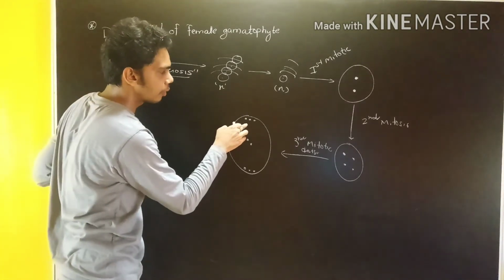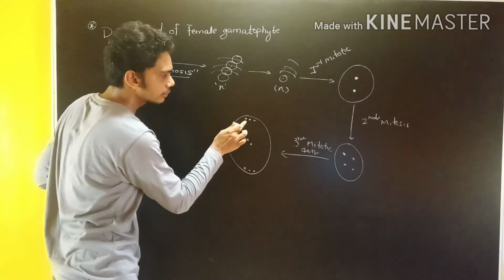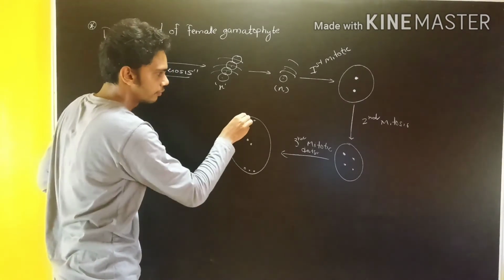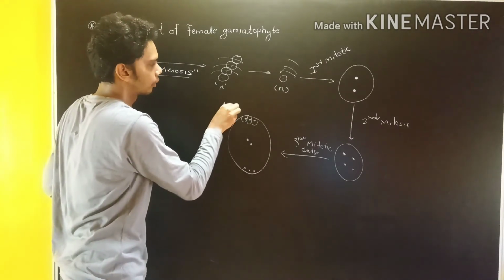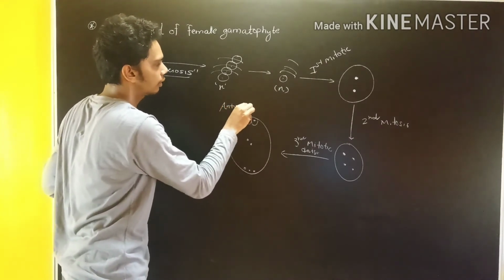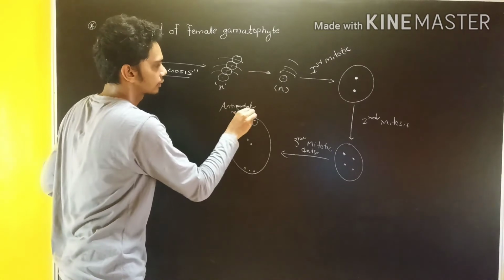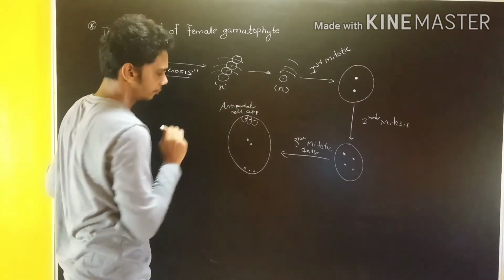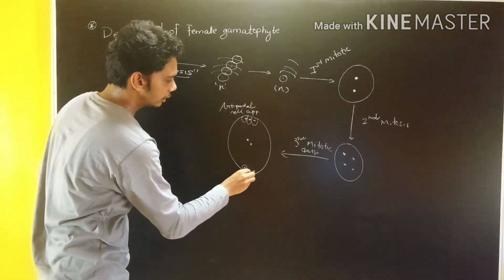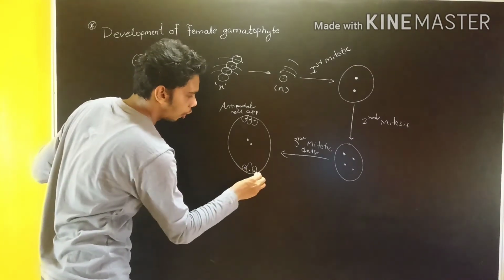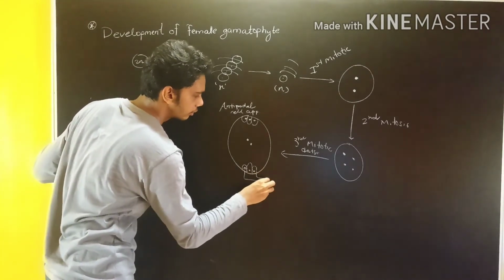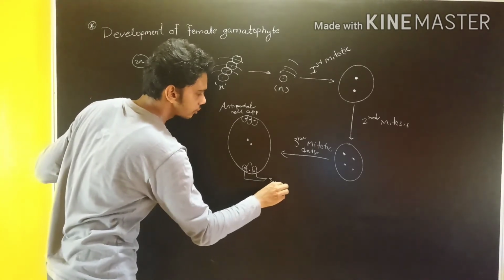At the chalazal end, these 3 nuclei form the antipodal cells. At the micropylar end, 2 of the 3 cells form the synergids.